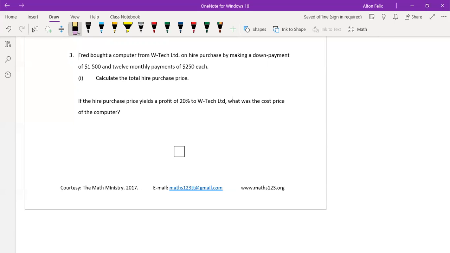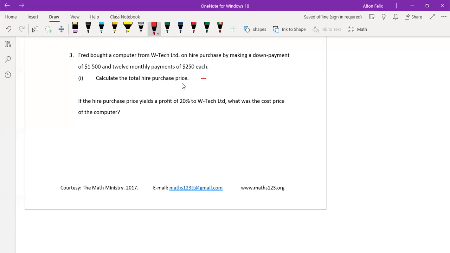So what is the total hire purchase price? We have to calculate the total amount for the hire purchase price. The down payment is 1,500 and 12 monthly payments.